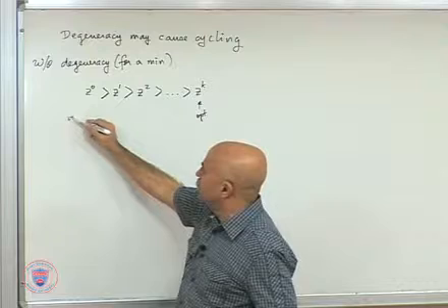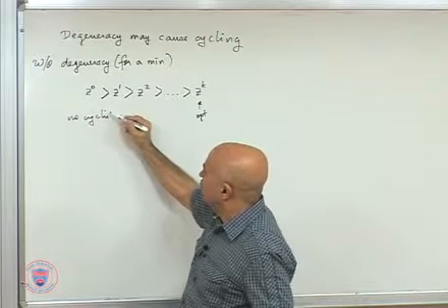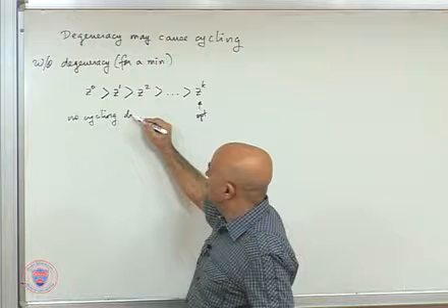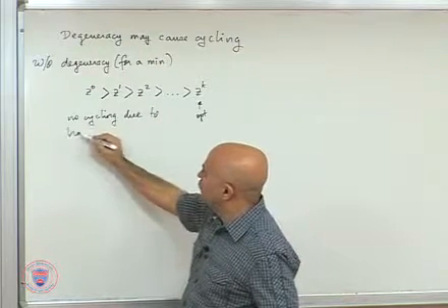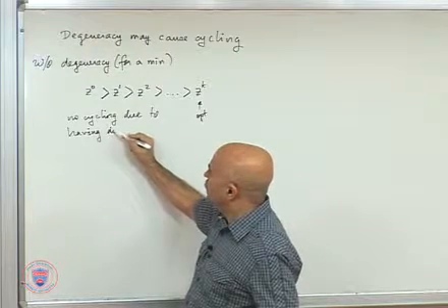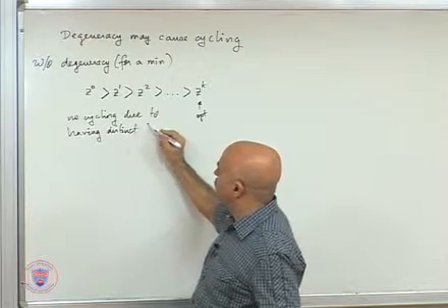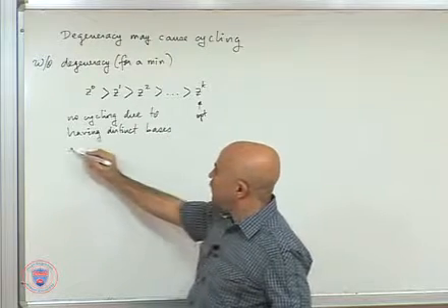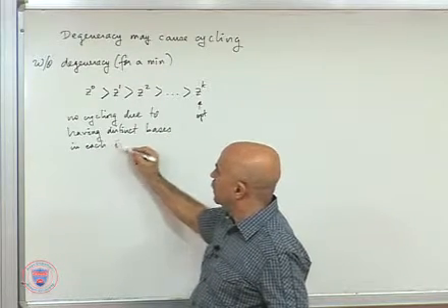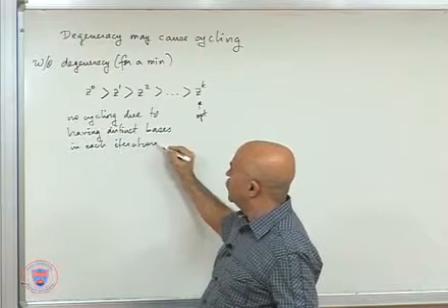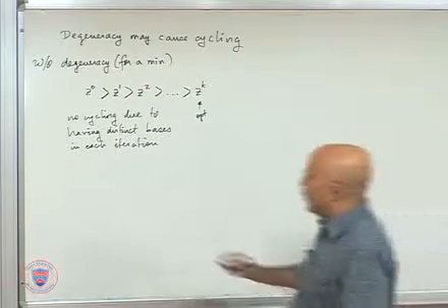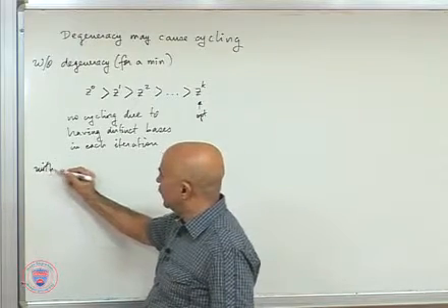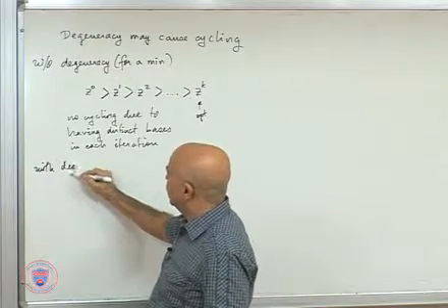So for that reason, no cycling can occur here, due to having distinct bases in each iteration. No iteration, no basis matrix is visited twice. Okay? Now, with degeneracy, that's really not the case all the time.